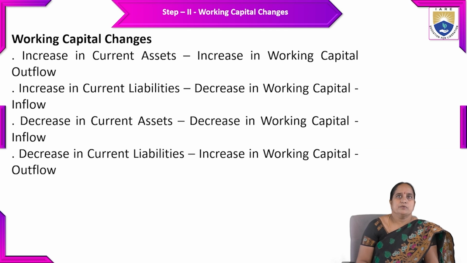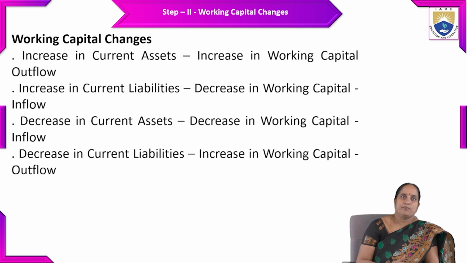Then second step, working capital changes. How can we find out? If there is an increase in current assets, it means that there is a decrease in working capital, which is an outflow. In case you have an increase in current liabilities, that leads to an increase in working capital.